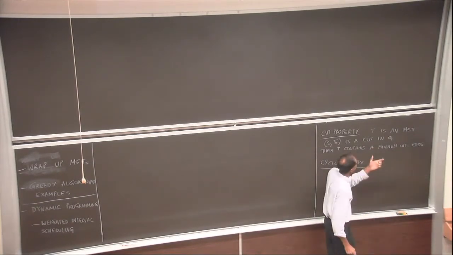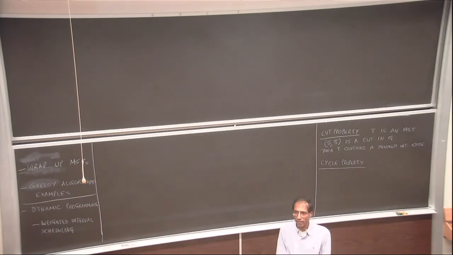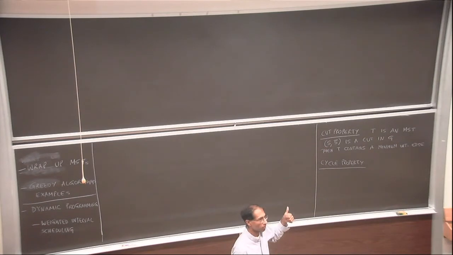And again, when I say a minimum weight edge, what I mean is the edge that has the least weight, but there could be multiple minimum weight edges. That's why I'm writing it as a minimum weight edge.